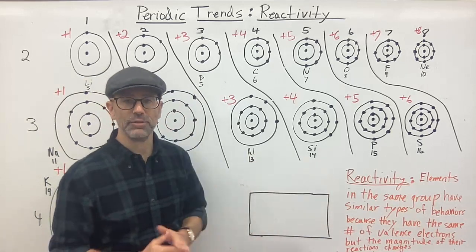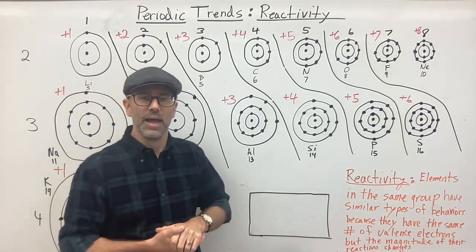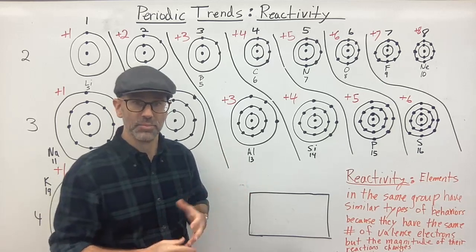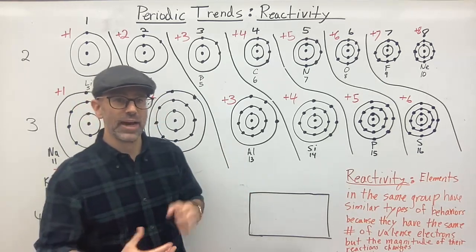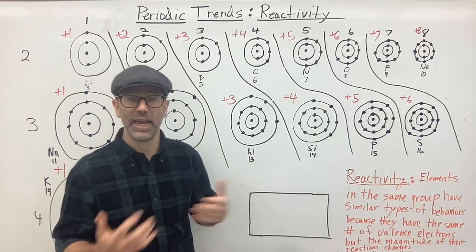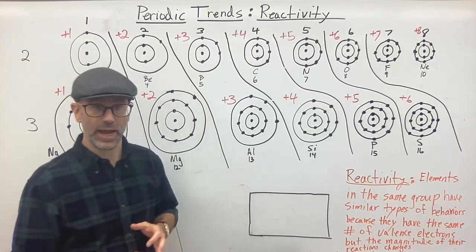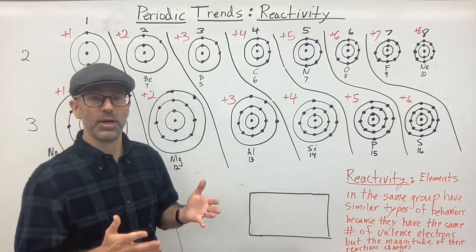When we mean reactivity, we're talking about how they're reacting with other atoms. In order to react, atoms lose or gain valence electrons in order to become stable, like the noble gases.